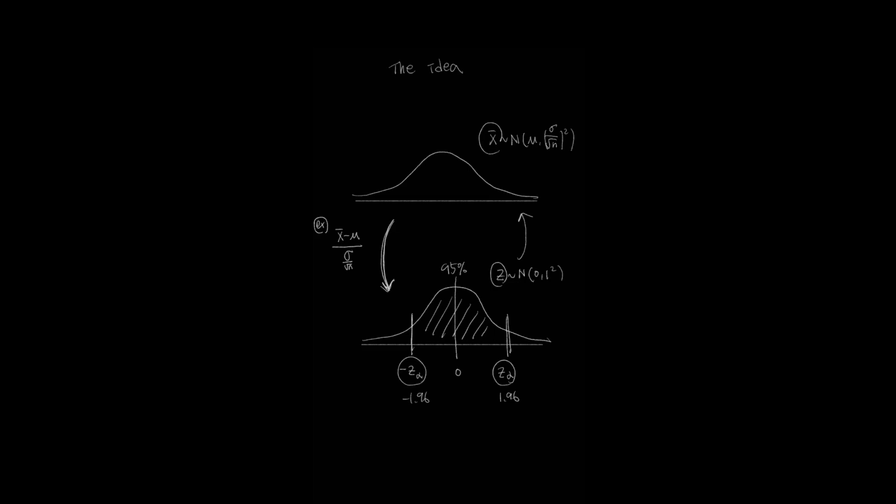Because it's symmetric, it'll be z alpha and negative z alpha. It is already known that in this range, 95% of the data of z live in this area.